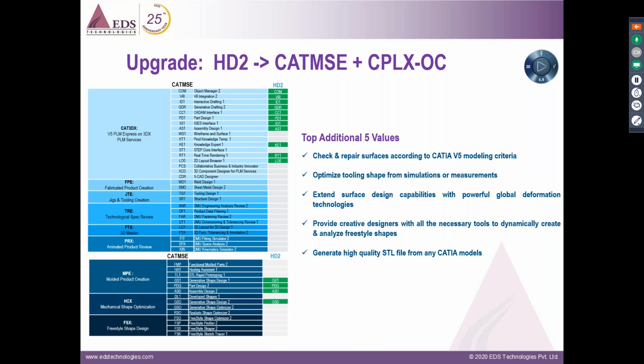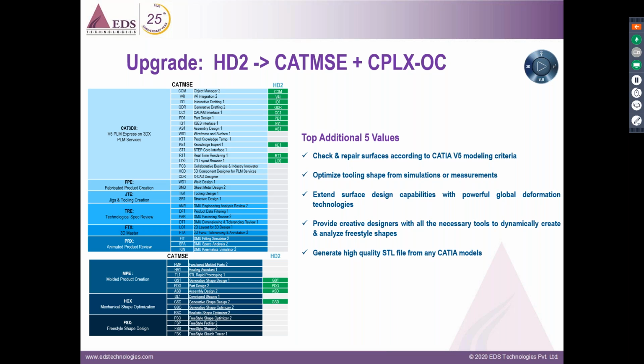Then comes hybrid design to configuration. This also can be migrated to the CATIA Mechanical and Shape Design Excellence package. So this package again has complete advanced surfacing functions.